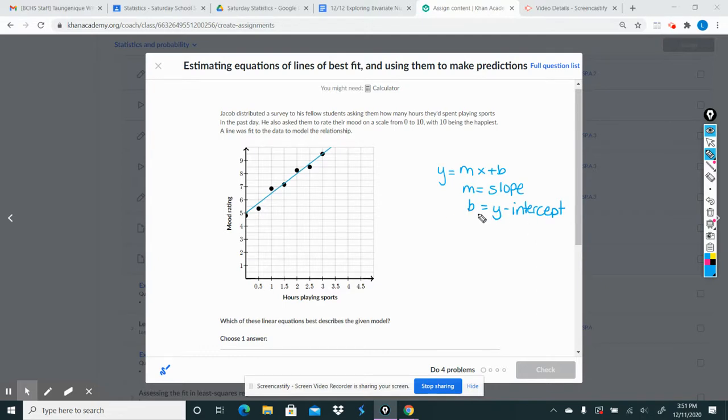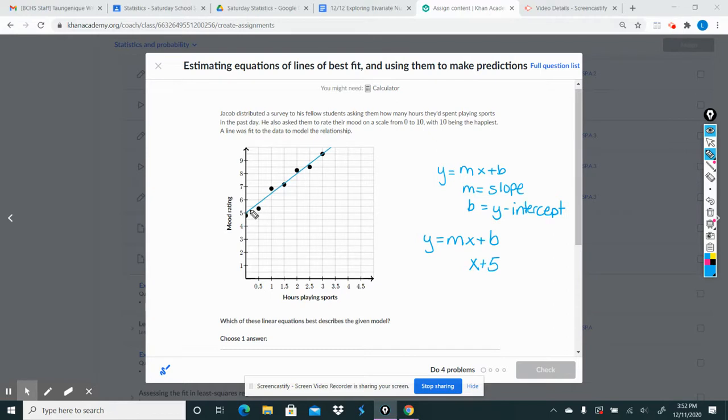Let's start picking apart our y equals mx plus b before we even look at the choices. Our y-intercept, remember, is our starting point. It's the beginning. So at 0 hours, people were stating that their mood rating was about a 5. So our b would be positive 5.